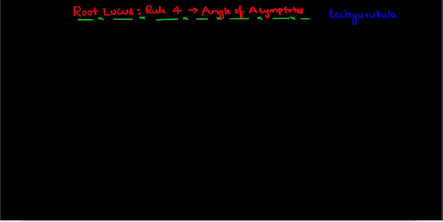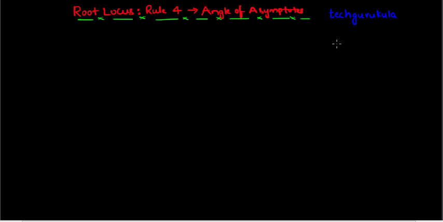Okay, so the conclusion is n minus m branches are going to go to infinity. And the angle in which they're going to go, we are going to derive now. Before that, let me discuss an example.